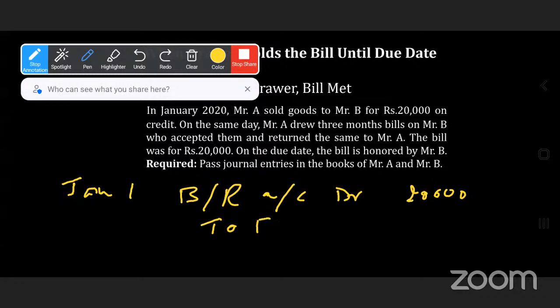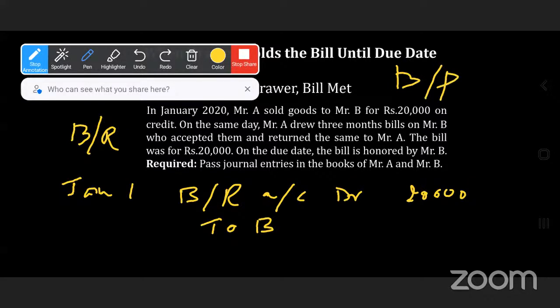The bill is drawn on B. So A is preparing the bill, and B has accepted it. For bills receivable, you will be writing it like this as BR, and if it is bills payable, you will be writing it as BP.